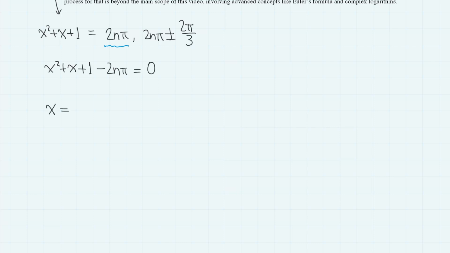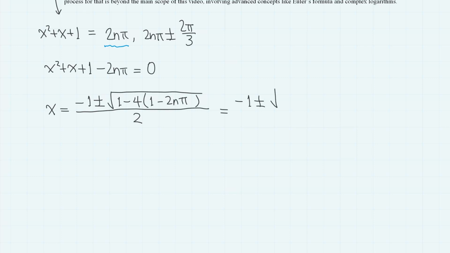Therefore, x equals minus 1 plus or minus the square root of 1 minus 4 times (1 minus 2n pi), divided by 2, which gives minus 1 plus or minus the square root of 8n pi minus 3, divided by 2.